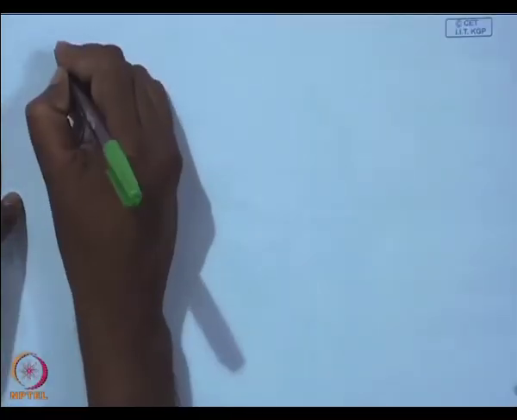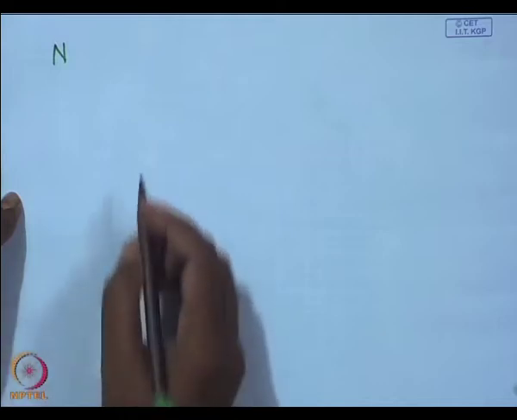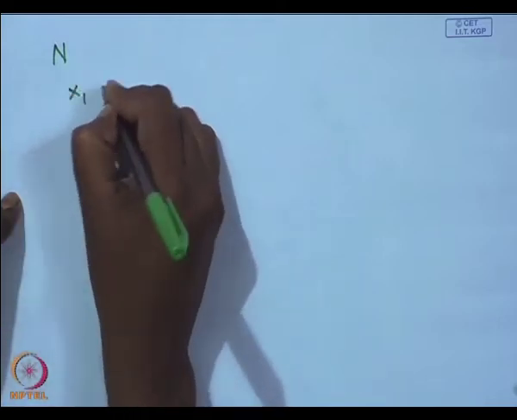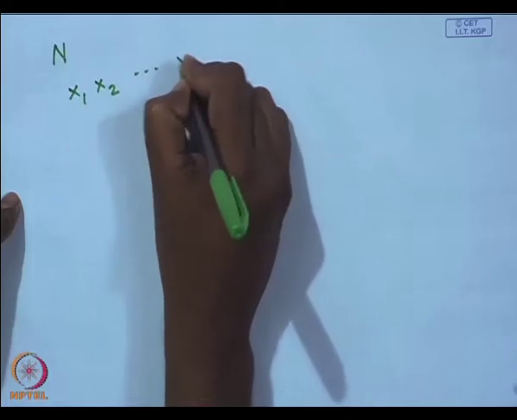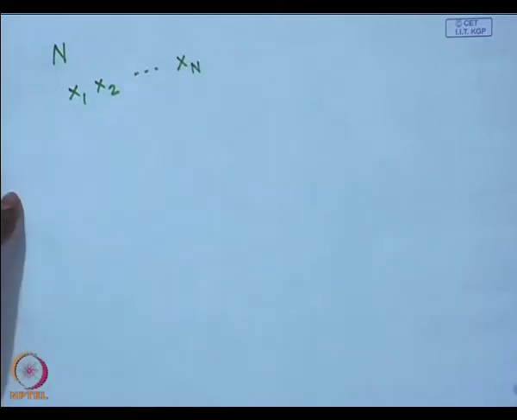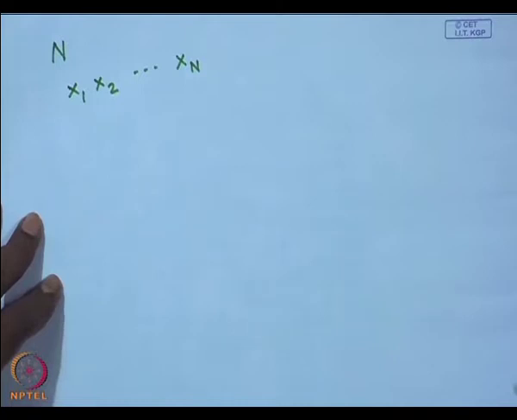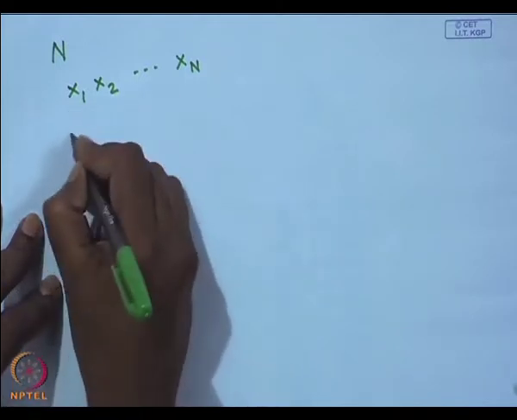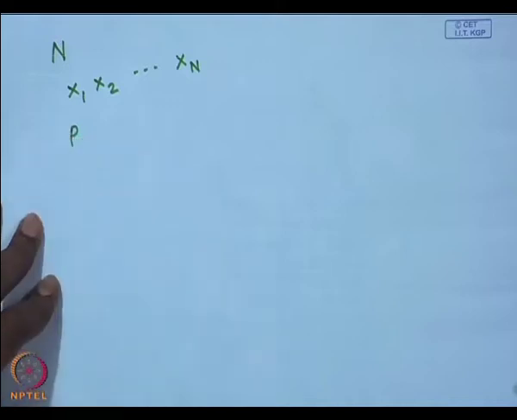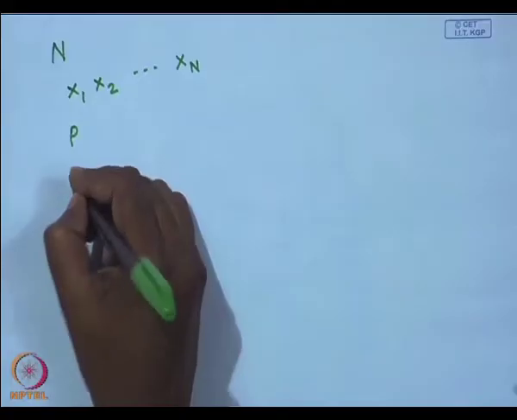So, we are given n training vectors, varying from say x1, x2 up to xn, where each of these vectors is of dimension p, and I want to transform these vectors to a vector of dimension capital M.